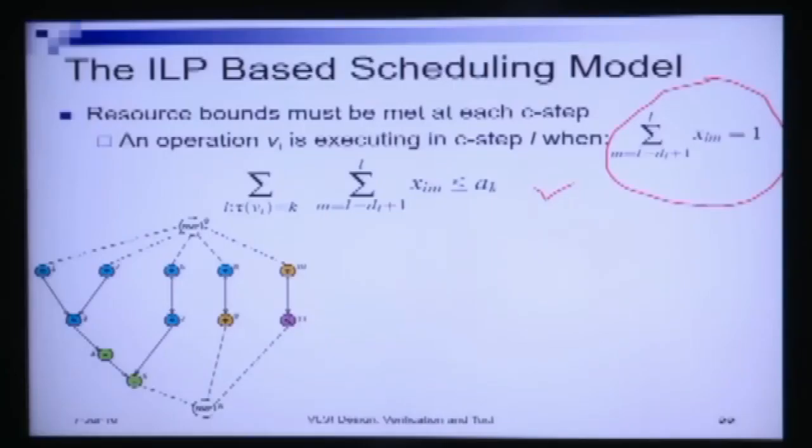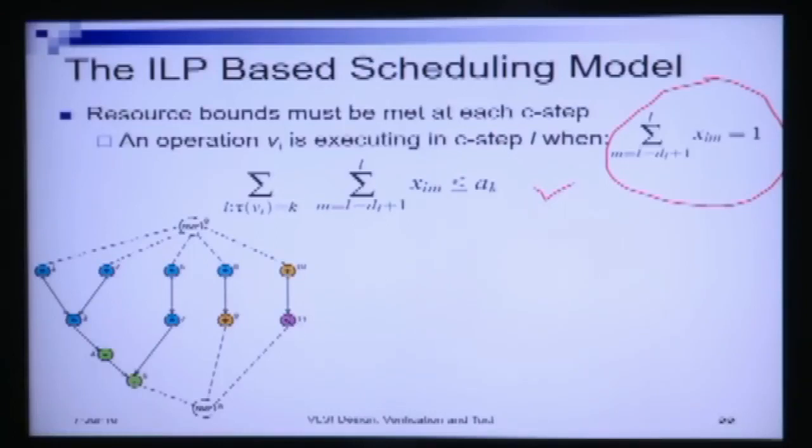So, given this we obtain the constraint as given below here. For each type of resource K, where K denotes the types of resources and AK denotes the number of resources of type K, at each time step not more than AK operations that need to be scheduled on resources of type K can be concurrently scheduled.